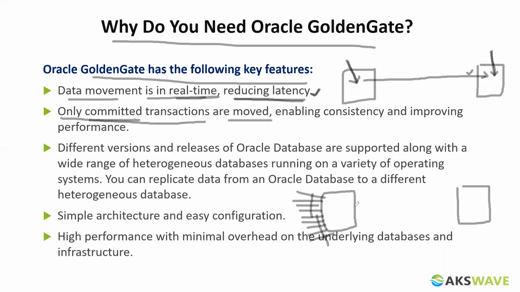What happens in Data Guard is that all these transactions are captured in your redo logs, moved to the other side, and all 100 transactions are applied on the standby side, out of which the 40% will be rolled back and the 60% committed.